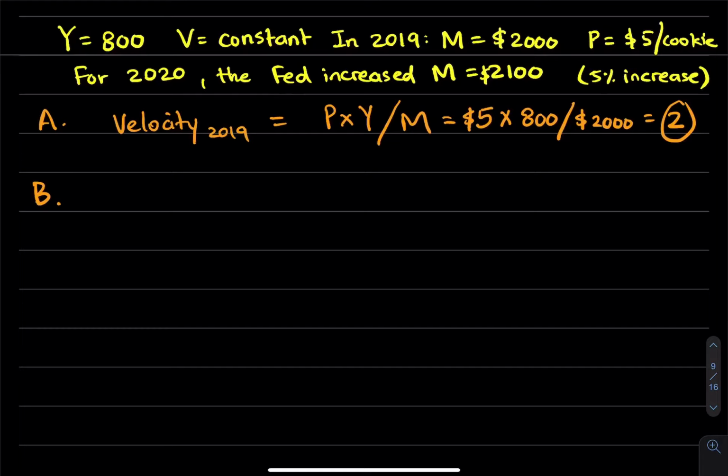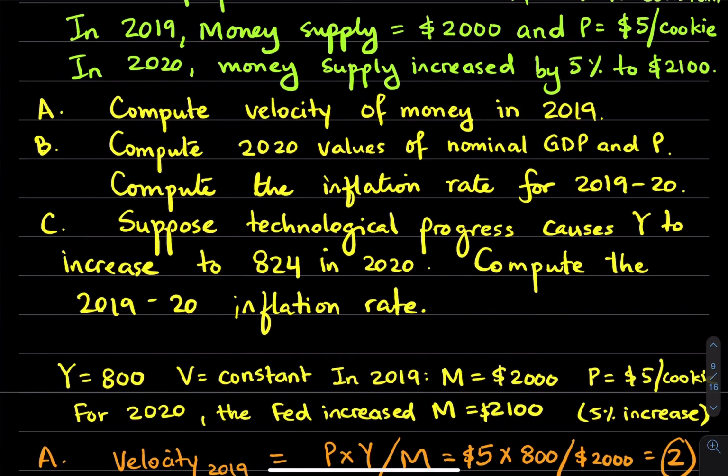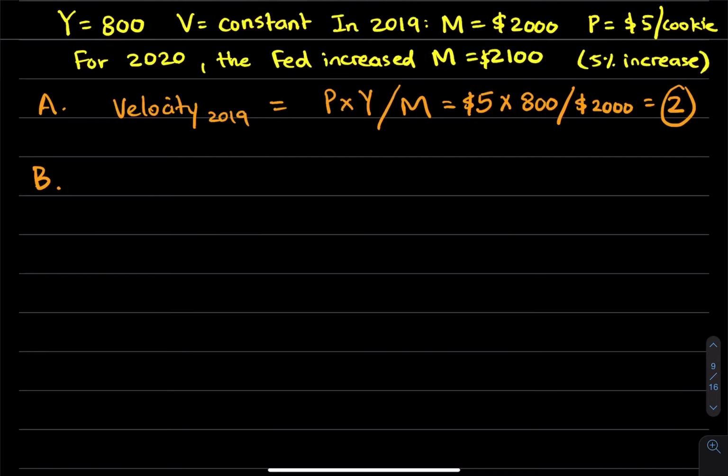Then part B says, compute the 2020 values of nominal GDP and price level and then compute the inflation rate between the 2 years. So to compute the inflation rate, we need to first understand what the prices are. So let's try to understand for the year 2020, what is nominal GDP?